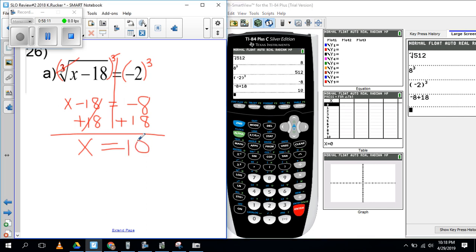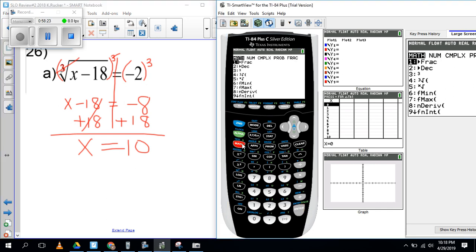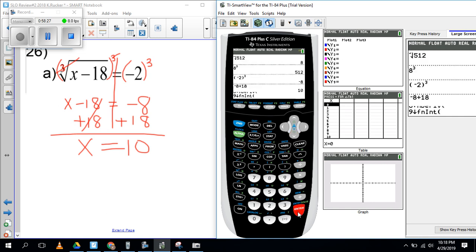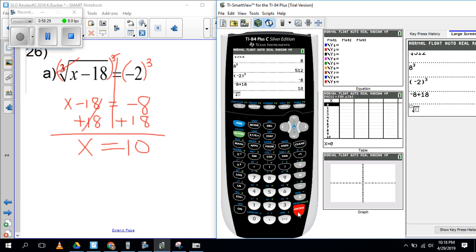And guys, I can plug this back into my calculator and it should equal the same thing. So if I know x is 10, let me show you what that means. So if I go to my math key and I go down to the cube root, and I know it was, I should have put 3, sorry. Kind of put the wrong one in there, but it's okay.